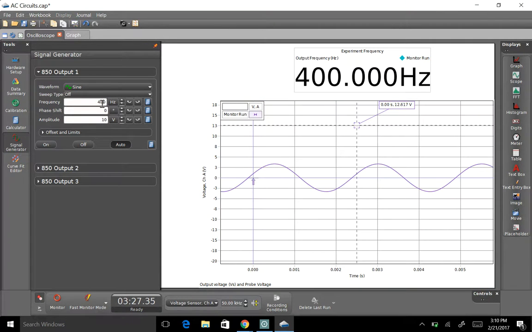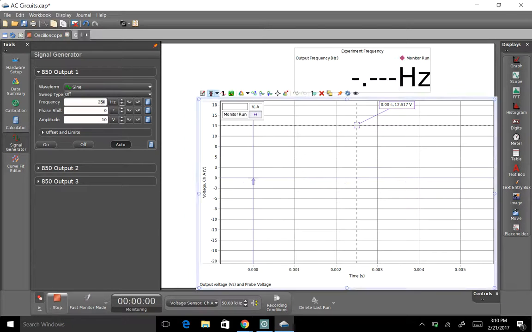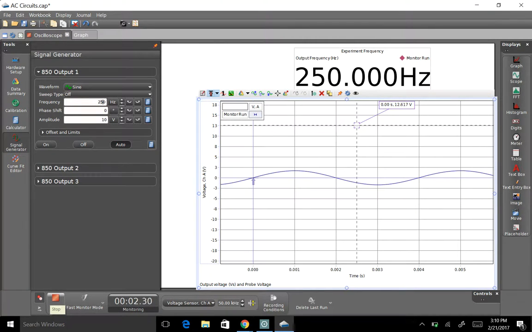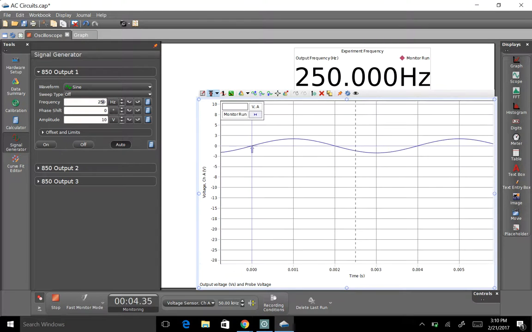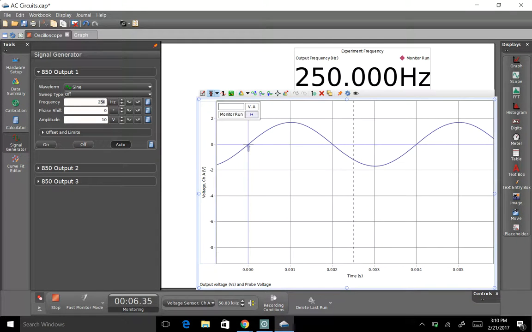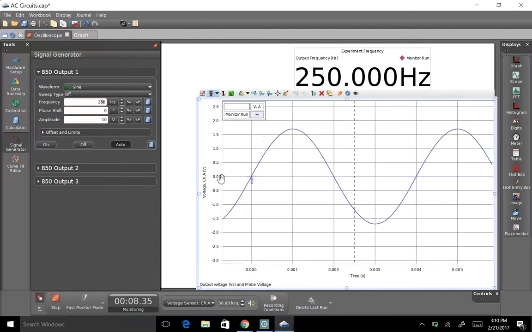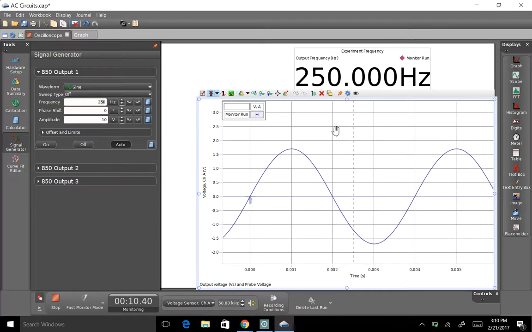I'm going to set my frequency, so I'm going to just start at 250 hertz, and let's see what we got. It would be nice if this would automatically measure it for me, but no such luck.